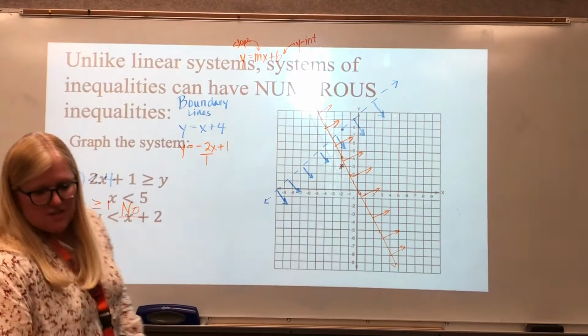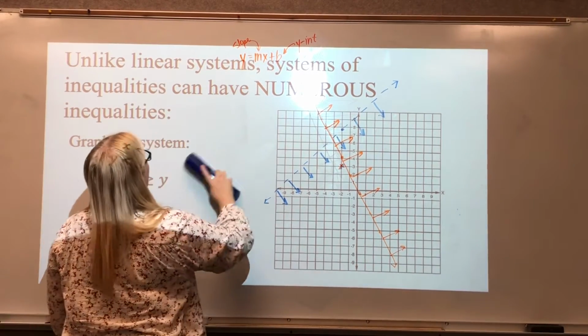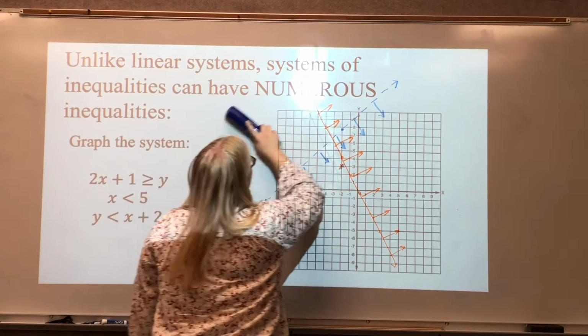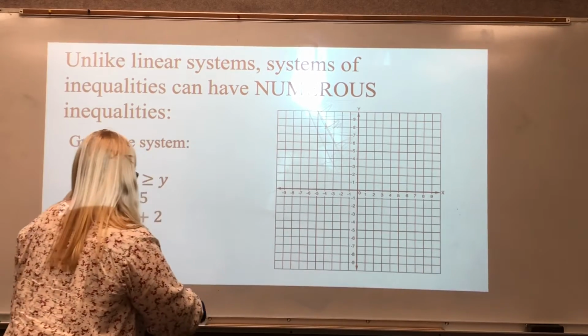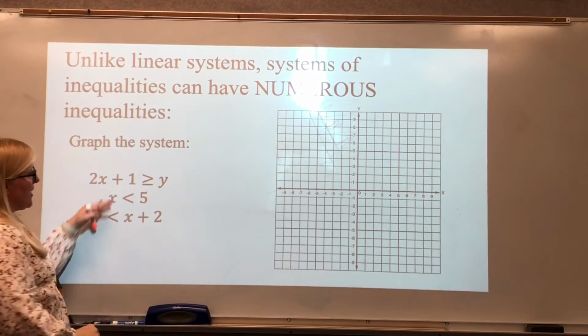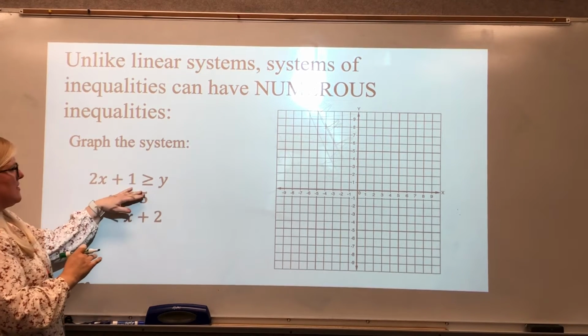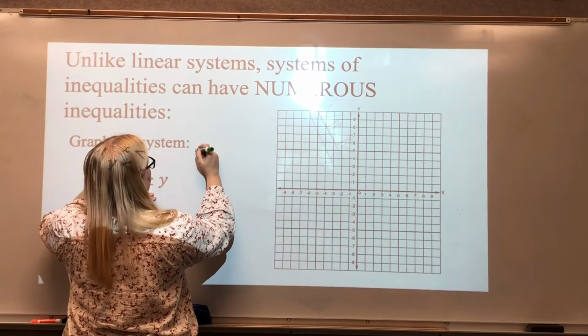Okay, so unlike linear systems of equations, systems of inequalities can have numerous inequalities. For example, here we have one with 3. So I'm going to turn this one into an equation in slope-intercept form.